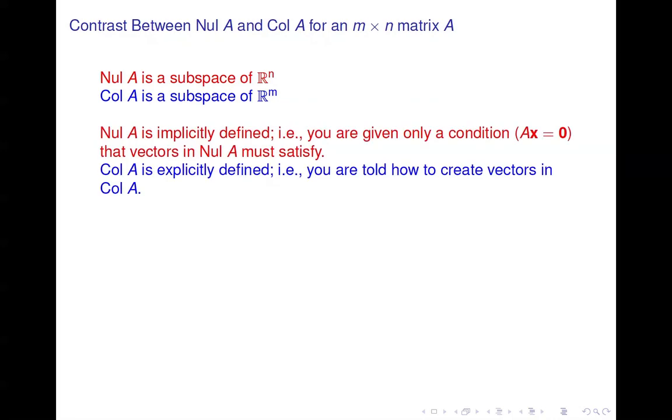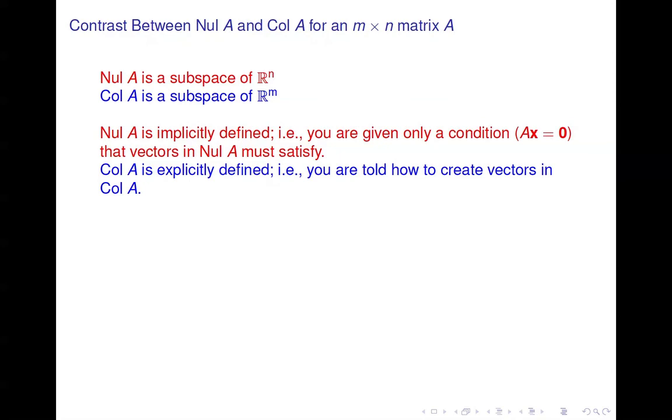The null space is implicitly defined. That means you're given a condition that vectors in the null space must satisfy, but you can't look at a matrix A and know which vectors are in it. You have to solve that system AX equals 0. On the other hand, the column space of A is explicitly defined, because it's just the set of all linear combinations of the columns.